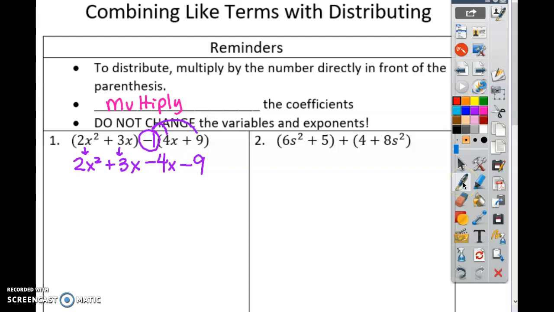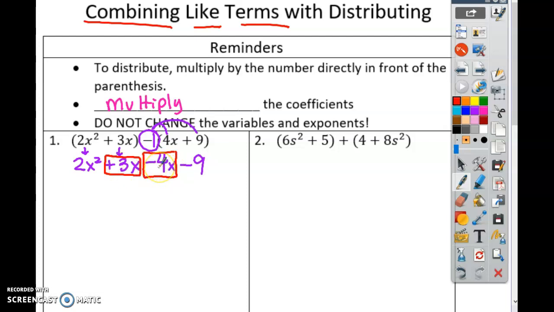Okay, so now that we have distributed, now we're going to combine like terms. So the things that look like yesterday, okay, I have an x right here and then another x right here. These two go together porque tienen x. They have an x, okay? So in the calculator, you're going to put 3 minus 4.